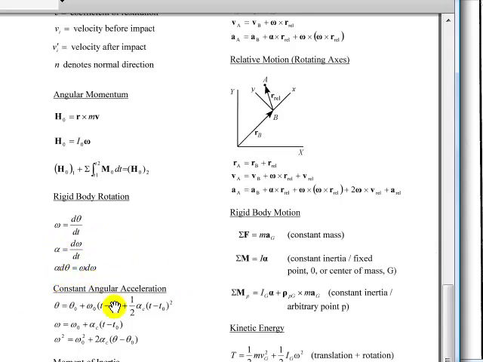Then we also have the constant acceleration versions of those equations. This would be the angular position equation written in terms of angular velocity, acceleration, and time. This would be the angular velocity equation written in terms of angular acceleration and time. And this would be the a ds equal v dv form of the rotational equation.